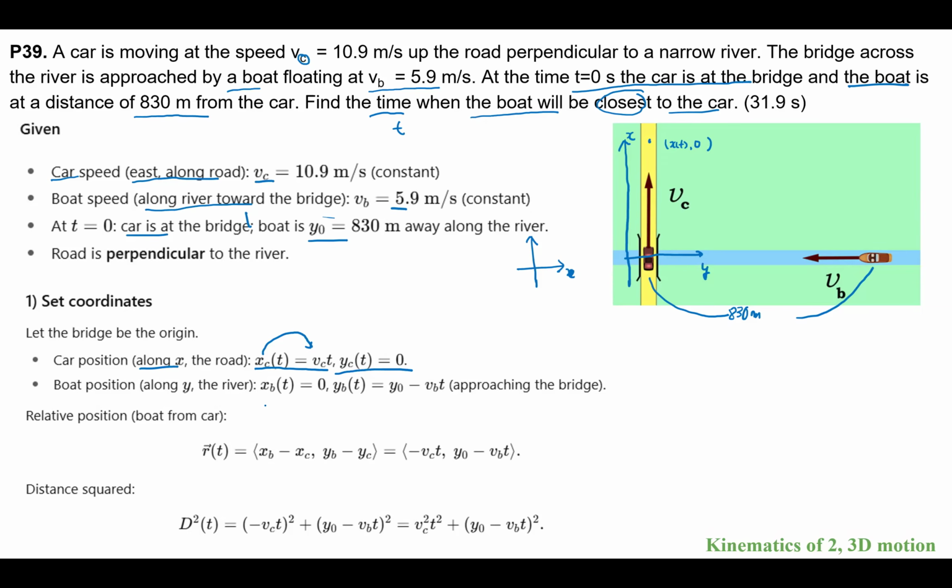And then the boat, you'll see that it does not move in the x direction, so the boat position x_b(t) is 0, but y_b(t) is given by y at time t equal to 0 being y_0, and then it decreases with the velocity minus v_b t.